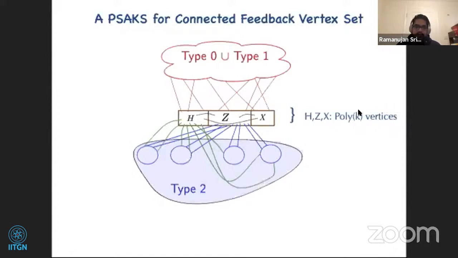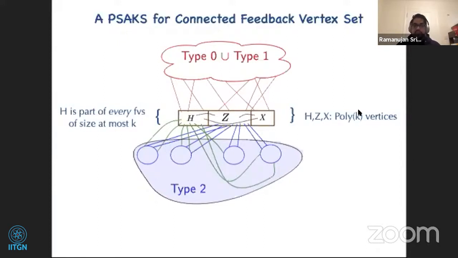This is nothing very new. It's based on what is already known for kernelization for feedback vertex set, so it's very closely related to what's already there. So here is the decomposition. I have three vertex sets, H, Z, and X. Cumulatively, they're all small, i.e. of size some poly K. The important thing to note is that each of these sets has some further meaning.